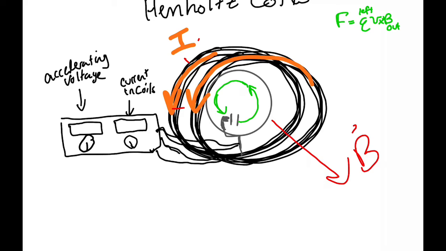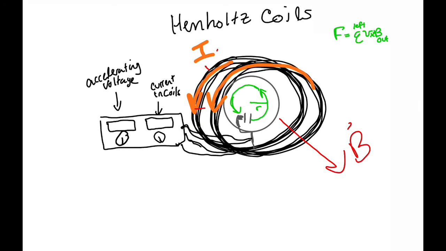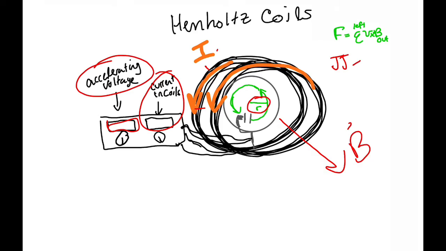And inside, there's a little measurement device where we can actually get the radius of this curvature. And between the information of the accelerating voltage in the cathode ray tube, the current in the coils, and the radius of the curvature, you can actually do calculations for the J.J. Thomson experiment and calculate the charge to mass ratio for an electron.